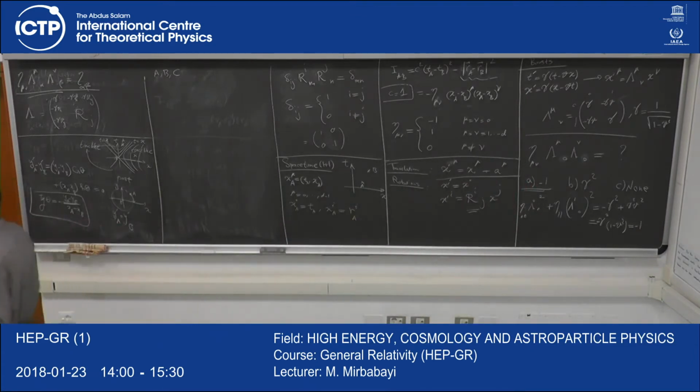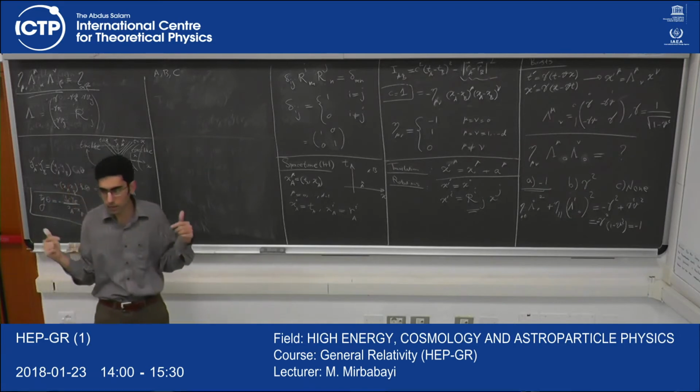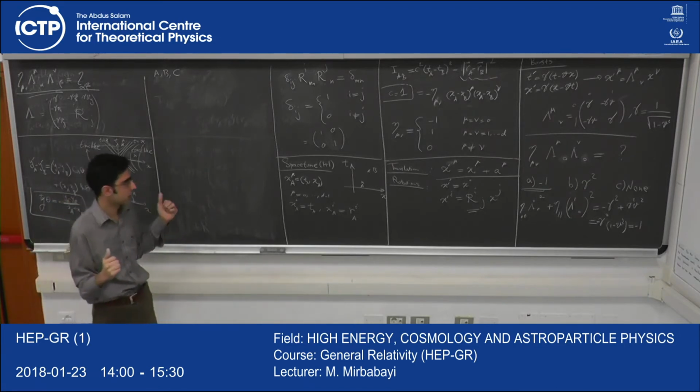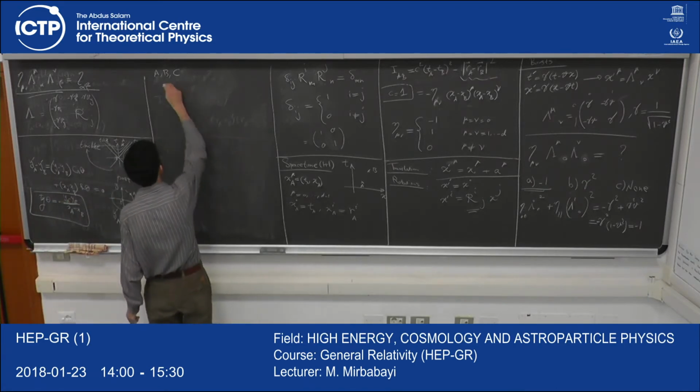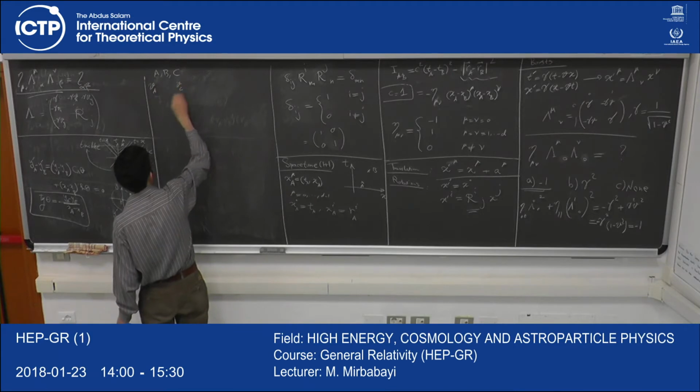Then Alice and Charlie start moving away along the same line, but in opposite directions, with constant velocity. So Bob is at rest. There will be some VA and VC.